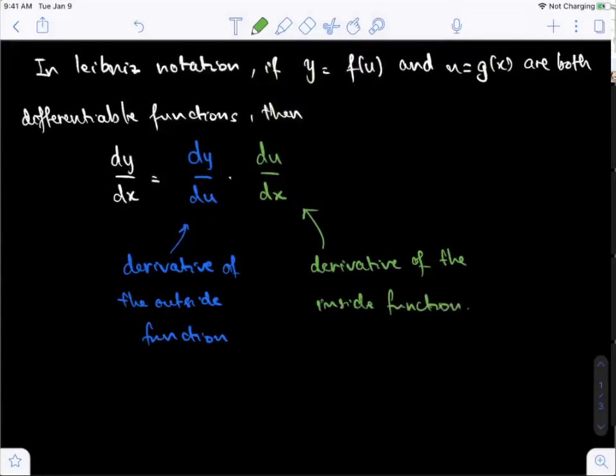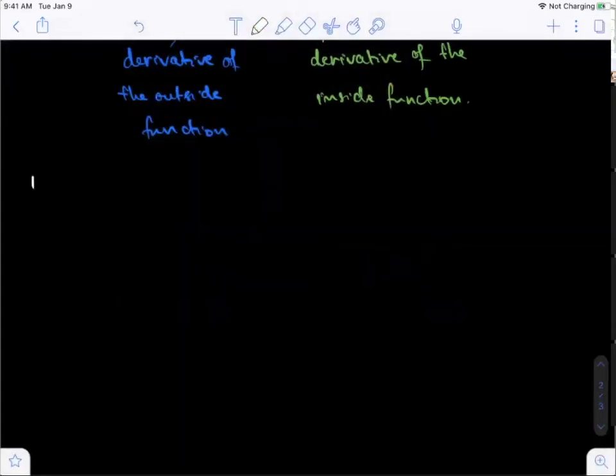Once again, for the chain rule, the derivative of a composite function is equal to the derivative of the outside function multiplied with the derivative of the inside function.